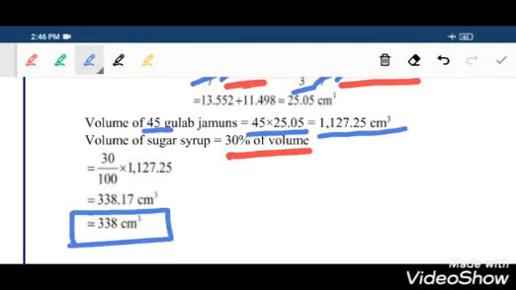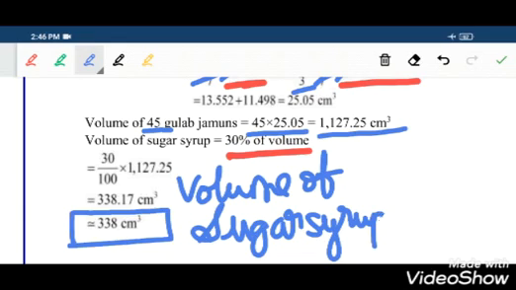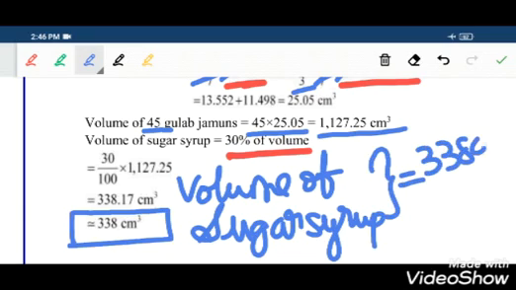So the volume of the sugar syrup is equal to 338 centimeter cube.